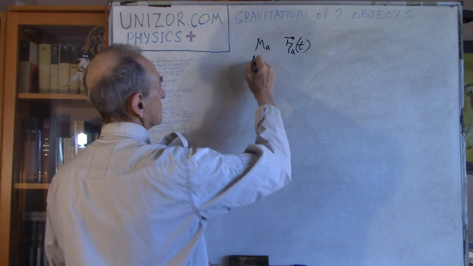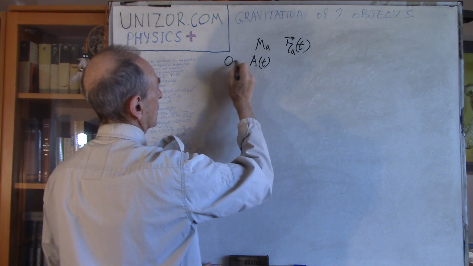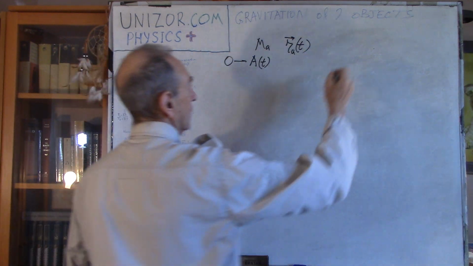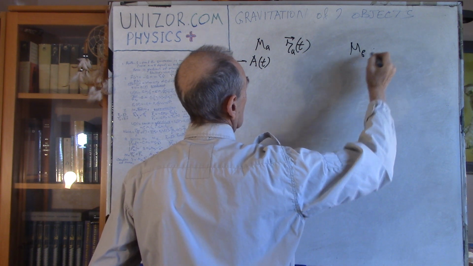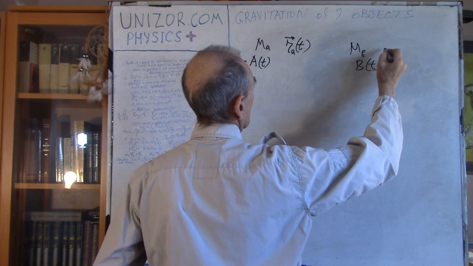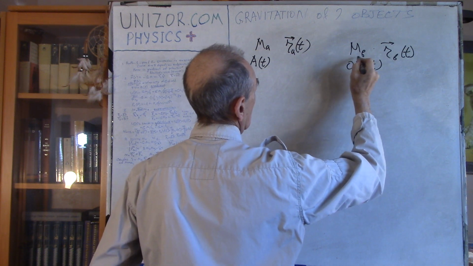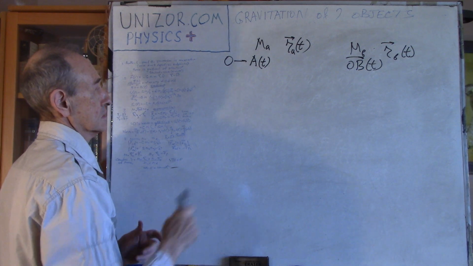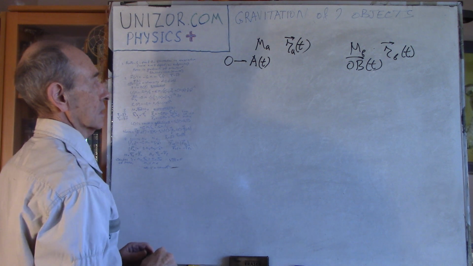So if the point is A, depending on T, then OA is the vector we are talking about. This is RA(t). Now we have another point, MB. It's at point B, depending on time, and RB(t) is a vector OB. So the position is changing. So points A and B are somewhere moving.